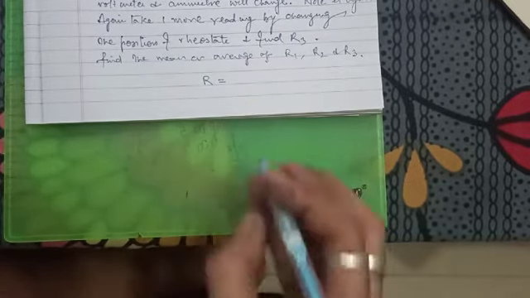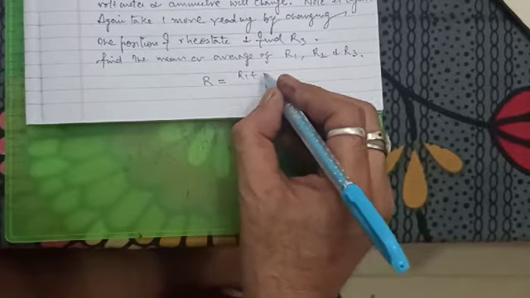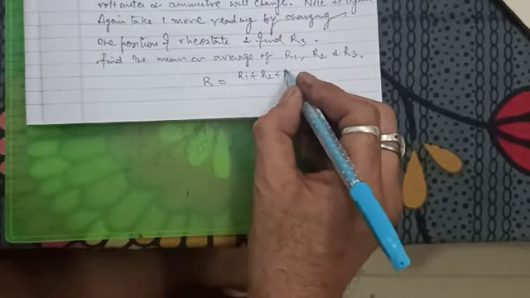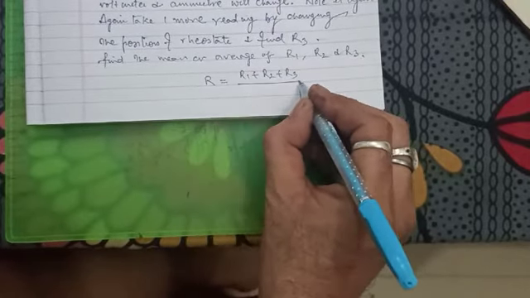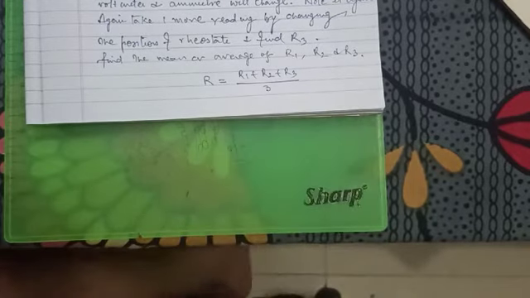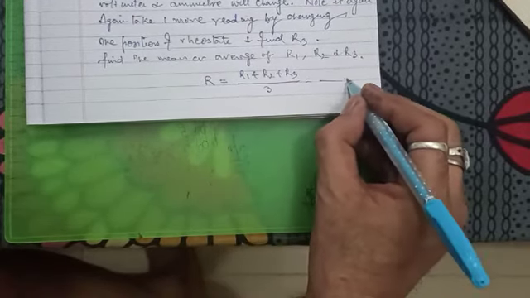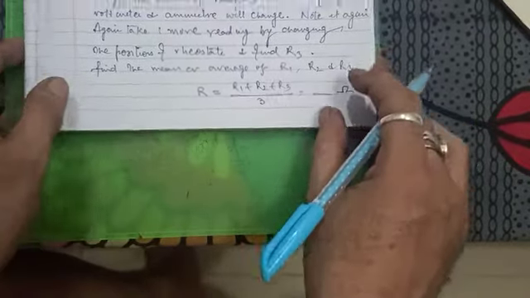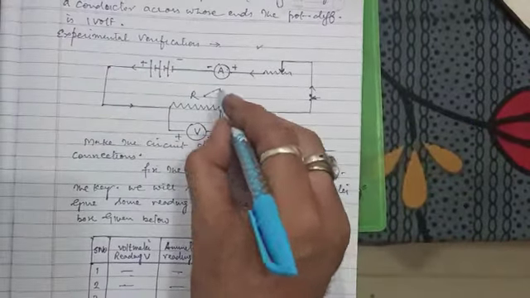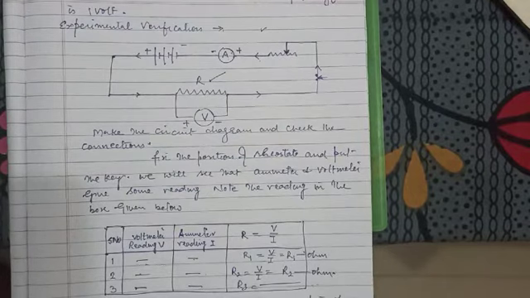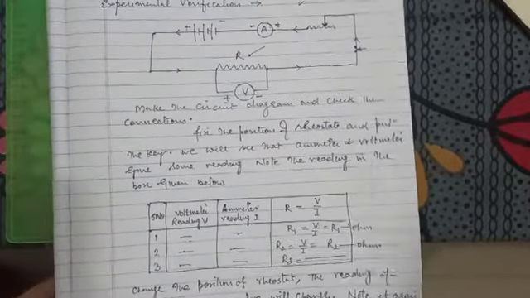R equals R1 plus R2 plus R3 divided by 3 because there are three readings. So it will give you the value of R, which is approximately equal to the fixed resistance. ये तो हो गया कि हम R की वैल्यू किस तरह कैलकुलेट कर सकते हैं.